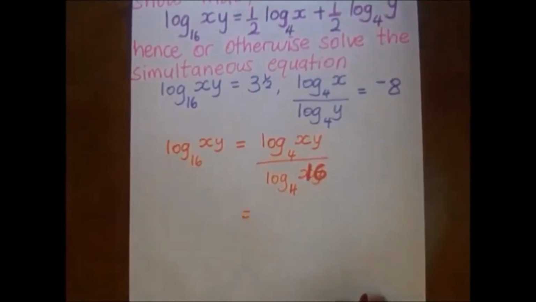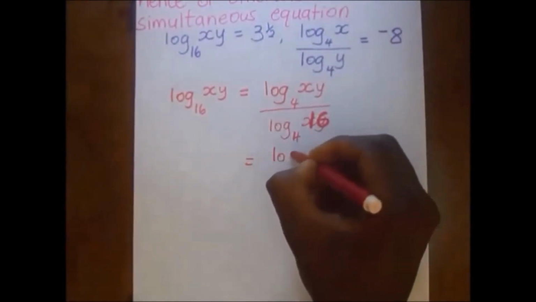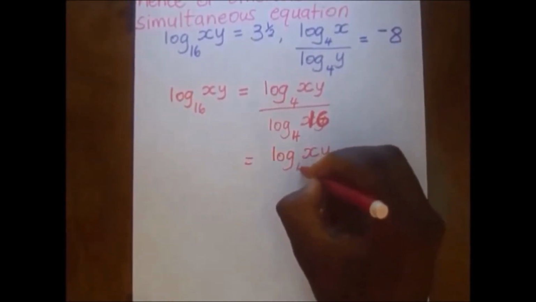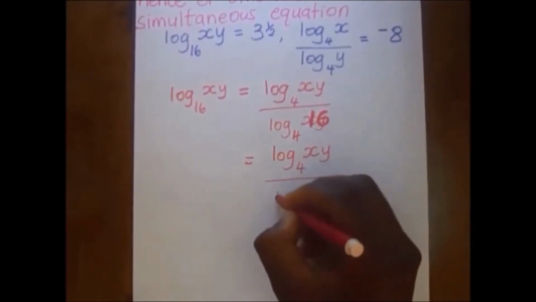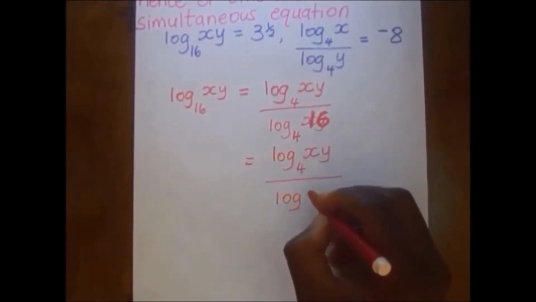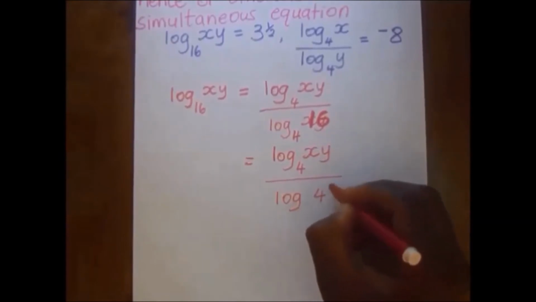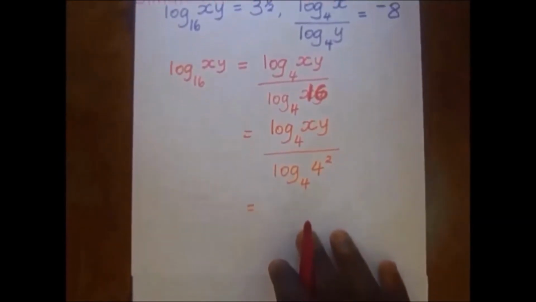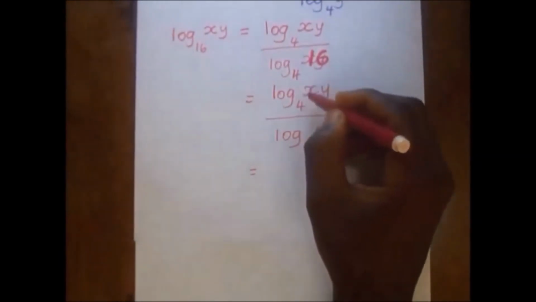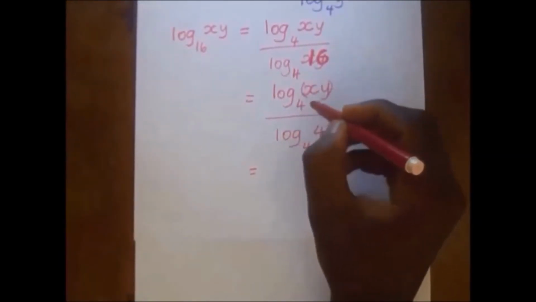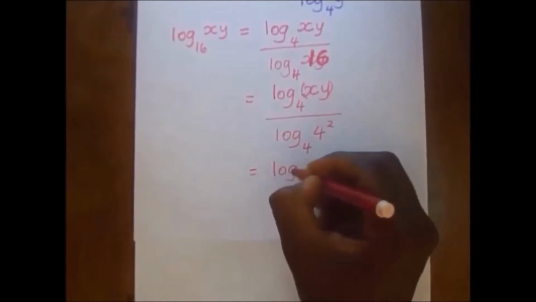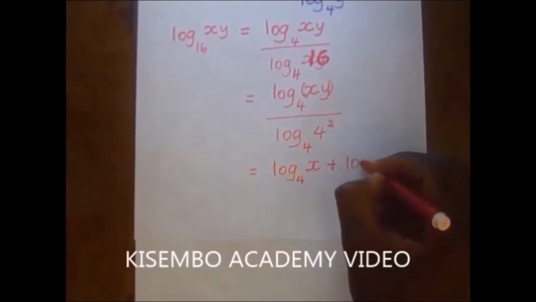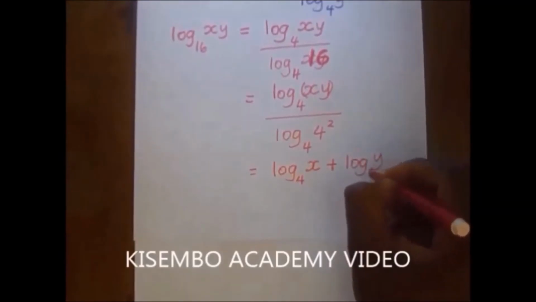So that will be log of x times y base 4, divided by log of 4 squared base 4. So from our law of logarithms, log of x times y base 4 is the same as saying log of x base 4 plus log of y base 4.